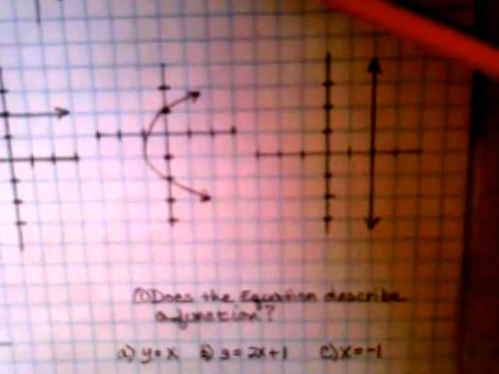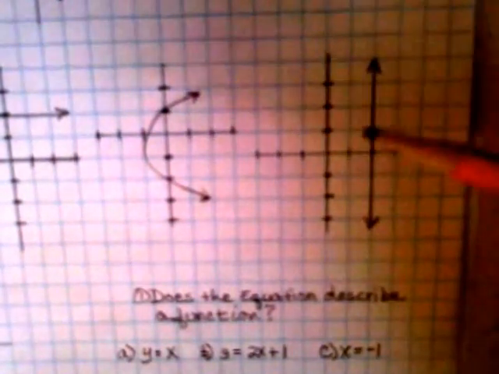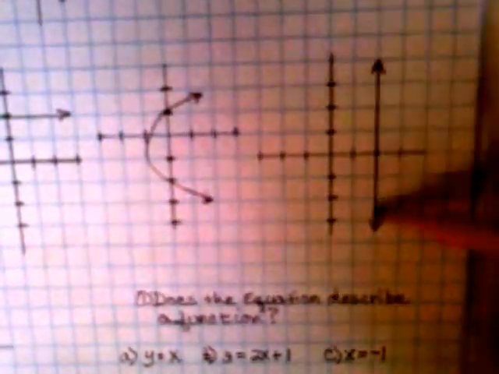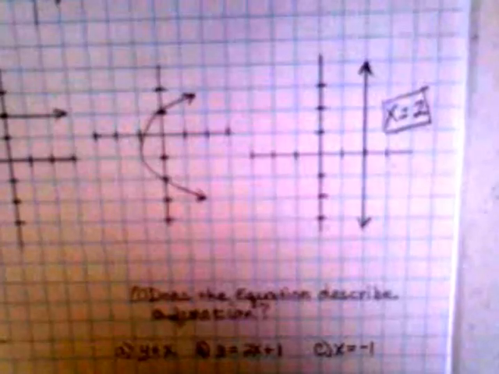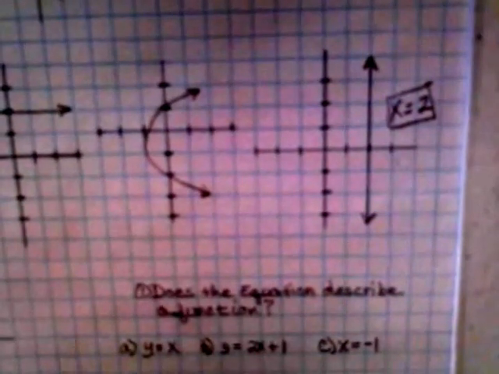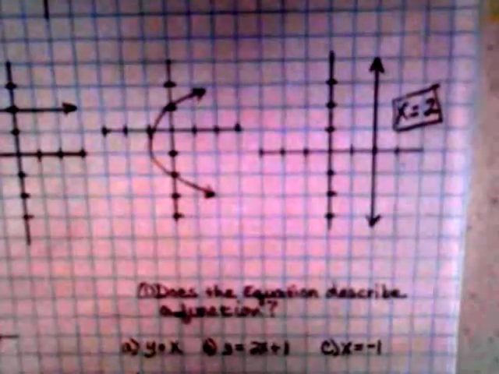And just like the one above, when we drew the line, we said that was equal to 1. Well, if you look at this graph, x is always going to be equal to 2. So this is the graph of x equals 2, and it is not a function.